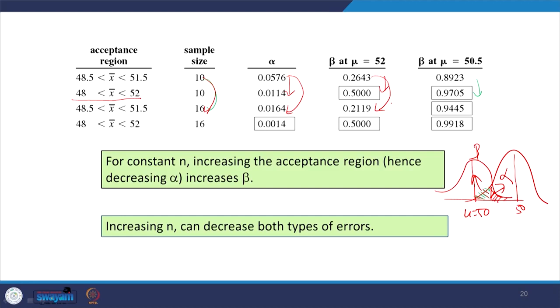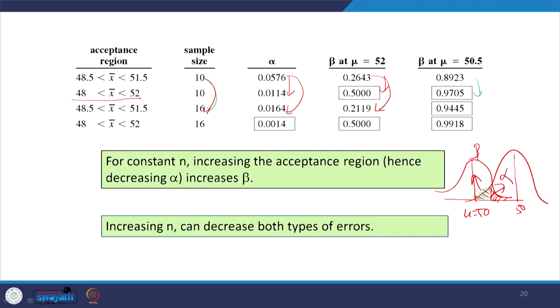So, the point we are learning from here is, when you keep the acceptance region constant and increase the sample size, both the values of alpha and beta will decrease. Okay. Let us see this. For constant n, when you increase the acceptance region, alpha is decreasing, and when alpha is decreasing, beta value is increasing.